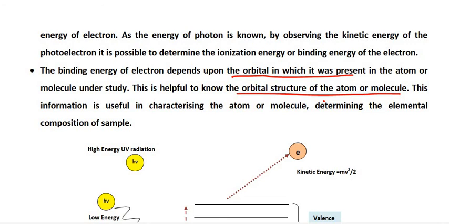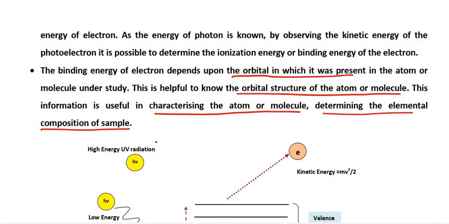With the help of this method, we are able to know the energies of different orbitals present in an atom or molecule, and this information is useful to characterize the atom or molecule and determine the elemental composition of the sample. Different atoms have different electrons in different orbitals, and we are able to ascertain the energies of different orbitals with the help of the PES method.